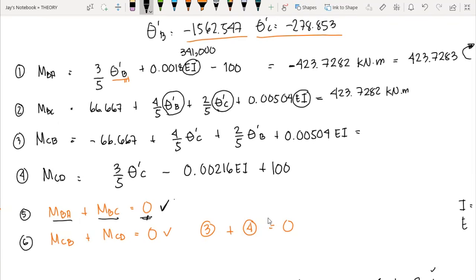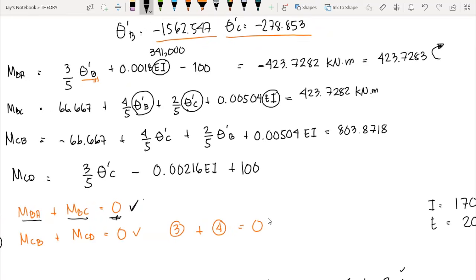Now for MCB, we have 803.8718. It became positive, therefore the rotation is counterclockwise, the same as with MBC since we have a positive answer.